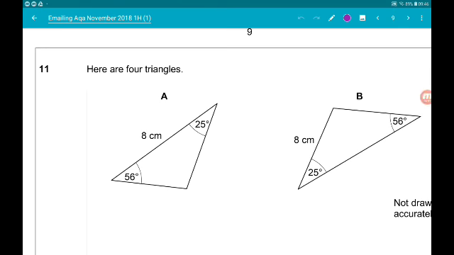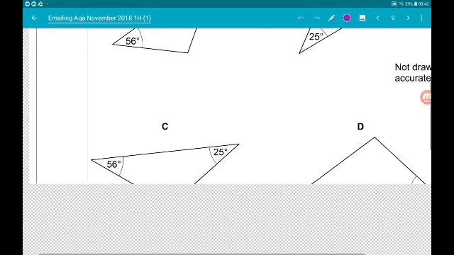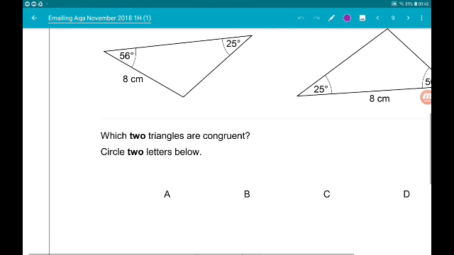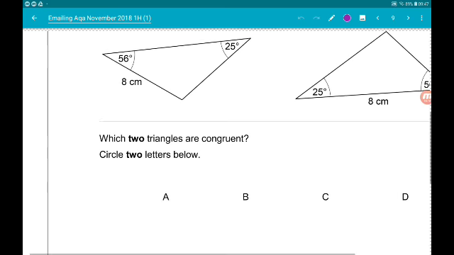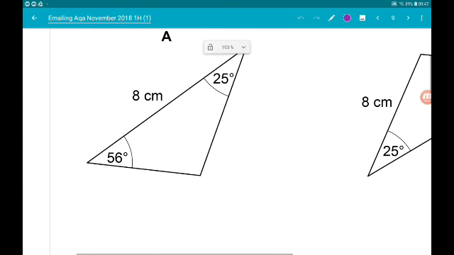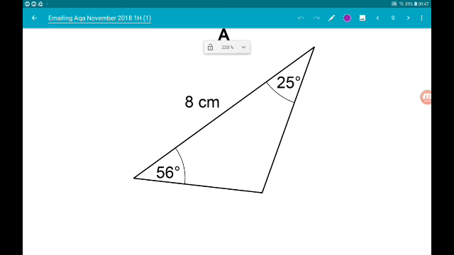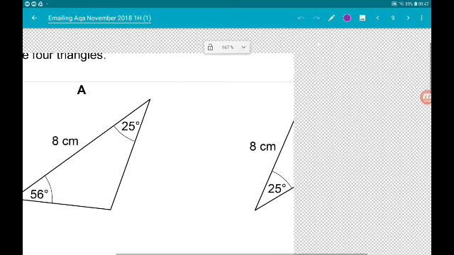Question 11, we're given 4 triangles, A, B, C and D, and we're asked which 2 triangles are congruent. Congruent means exactly the same. So, let's start off looking at triangle A. So we got 2 angles of 25 and 56 with a length of 8 centimeters between them. Do any of the other triangles have that same setup?